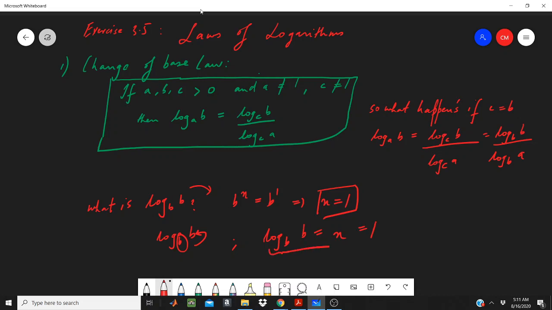So log_b b is just 1, because if you raise b to 1, you get b itself. Okay, I hope this makes sense. What would you raise b to get b? You would raise b to 1 to get itself back. That's what the logarithm is. It's just a tool to compute the power.